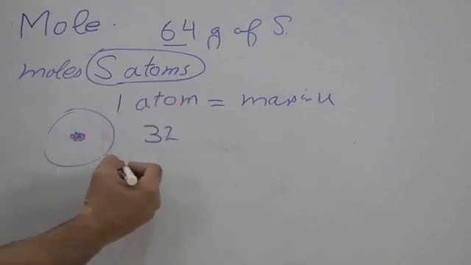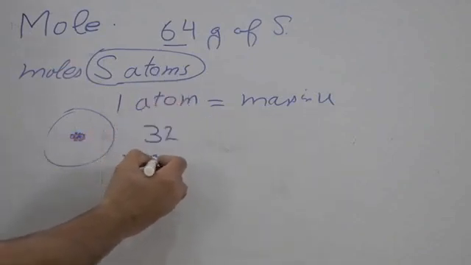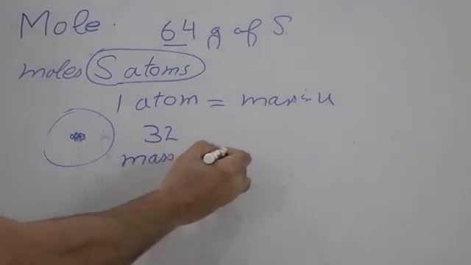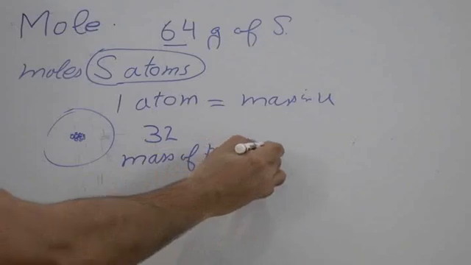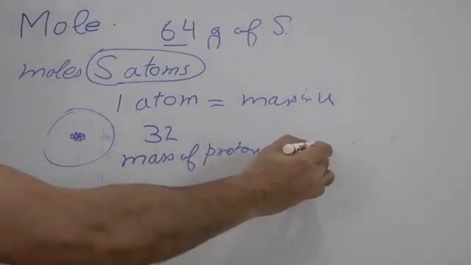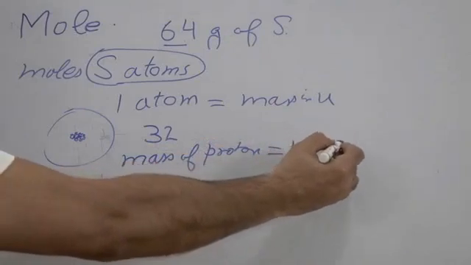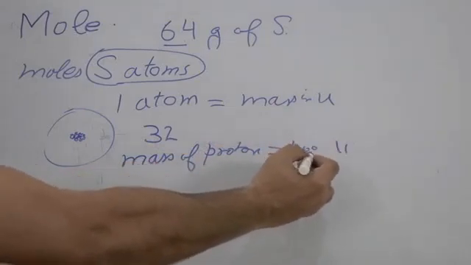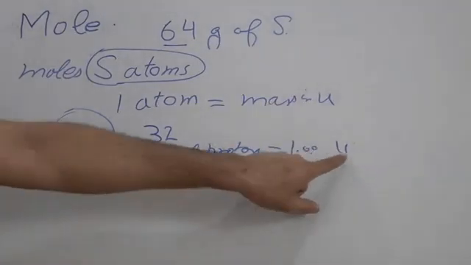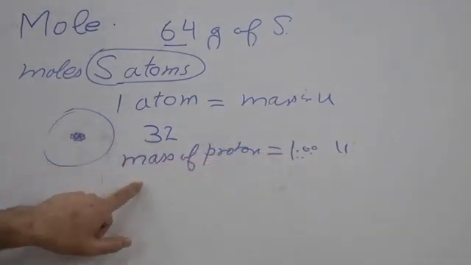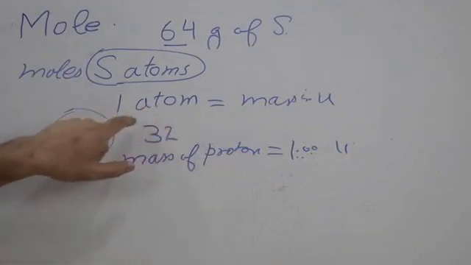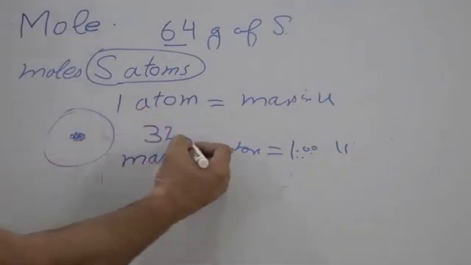The reason is the mass of one proton is 1.00 something u, meaning a little more than 1 u. That is why these would approximately weigh this much u.